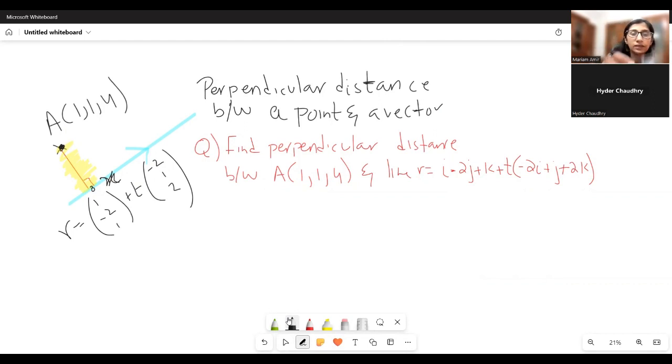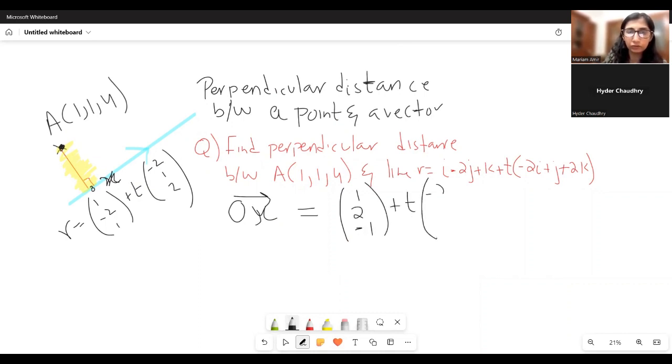So then that means that the OX vector can be expressed like this: (1, -2, 1) plus t(-2, 1, 2). This r is actually OR. Remember, you said that r is also a position vector. So if OR is this, then OX will also satisfy the same equation because X is lying on the same line.